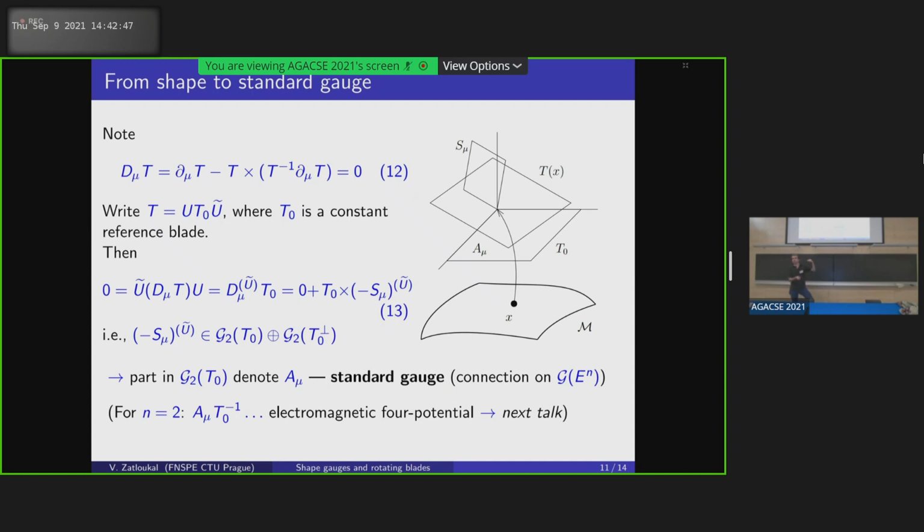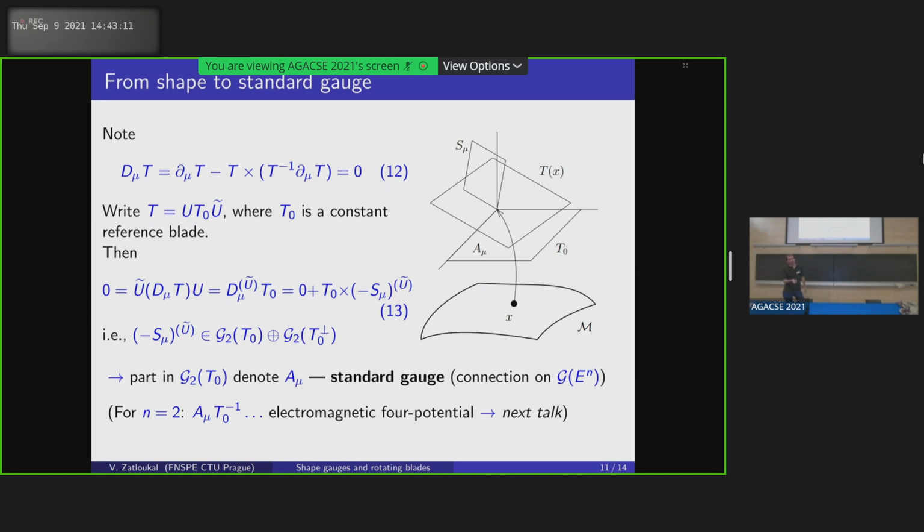We defined the covariant derivative on the subbundle, and the rotating blade satisfies equation 12. So it's parallel transported, so to say, with respect to this covariant derivative that we defined in the first place.